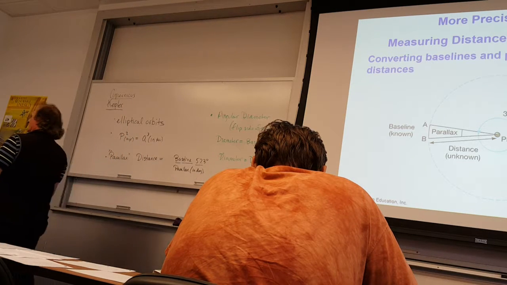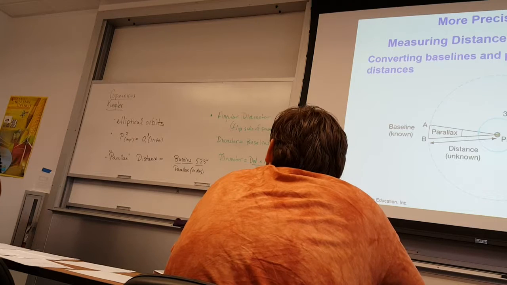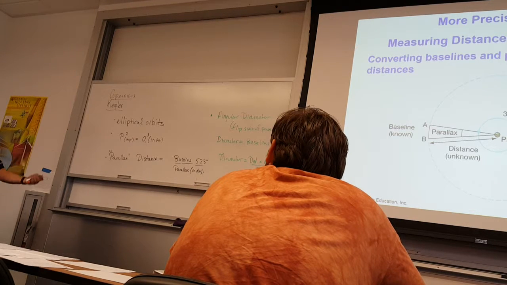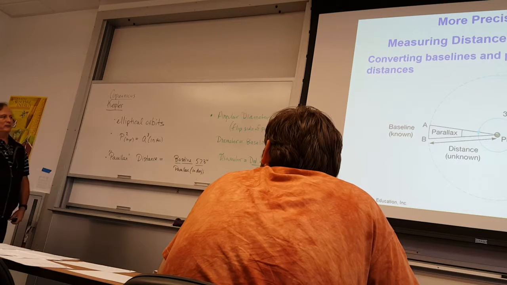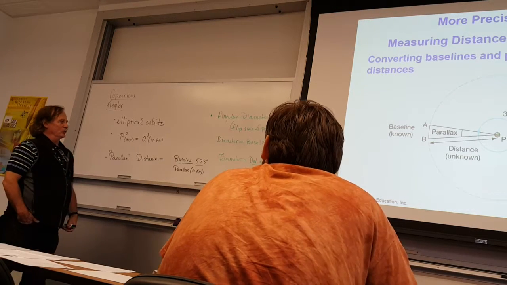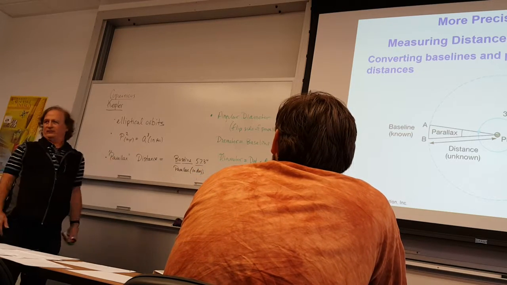In fact, the history of discovery of the solar system and various things, the Earth and the moon, and finding out distances, proceeded from Eratosthenes, who found out how big the Earth was.